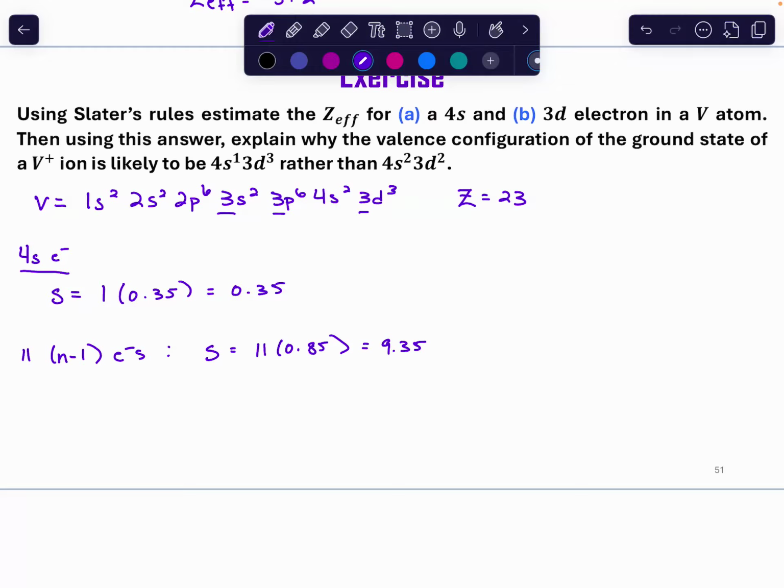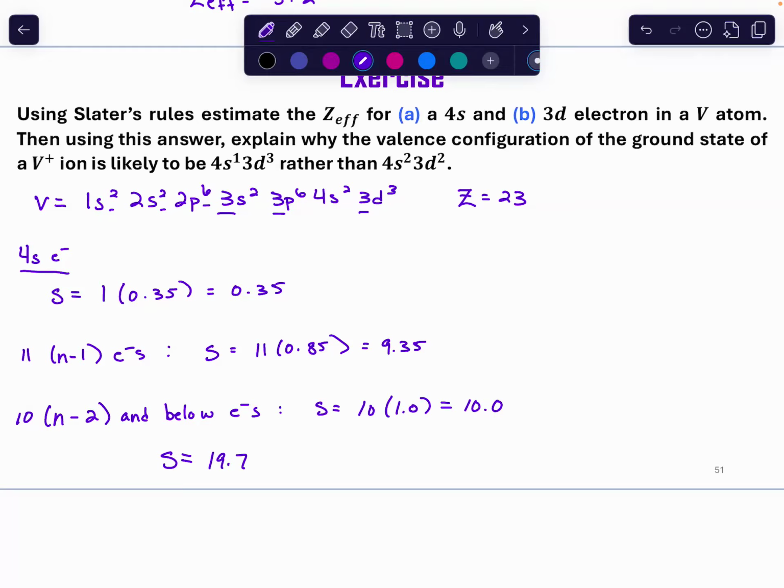Then everything for n minus 2 and below gives me 6, 2, and 2, so I have 10 n minus 2 electrons. That's a shielding constant of 10 times 1.0. My total S value, adding all those together, is 19.7.